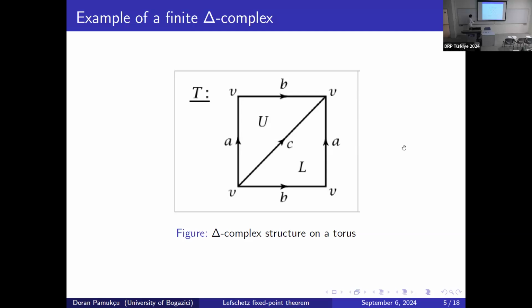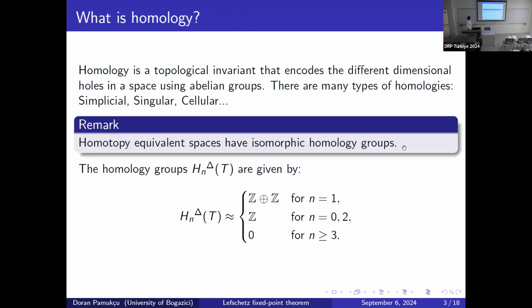So we get the free abelian group generated by A plus B minus C. So if you calculate this quotient, this will turn out to be Z squared. So this is why, for the n equal 1 case, we have Z squared as the simplicial homology of the torus.